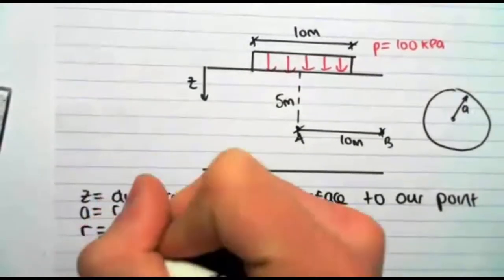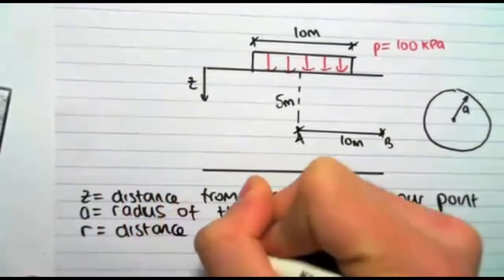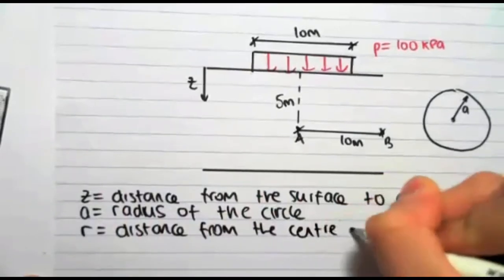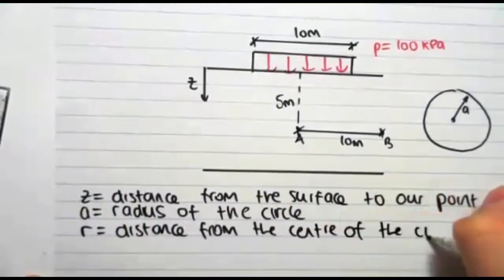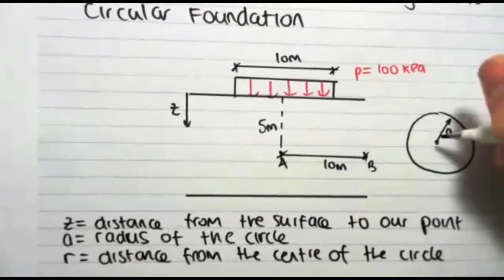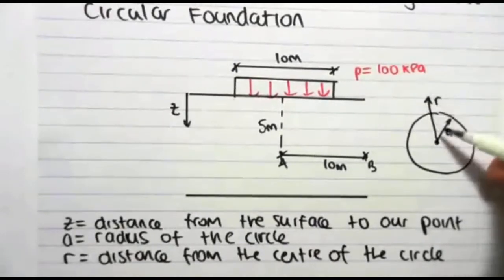And R is the distance from the center of the circle. It's a little bit counterintuitive. You'd think R would be the radius and A would be this other definition, but it's not, so just remove that. R is any point we're looking at, which is either inside, outside, or anywhere from our circle.